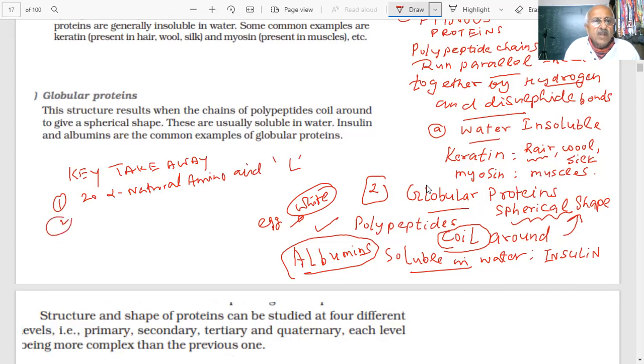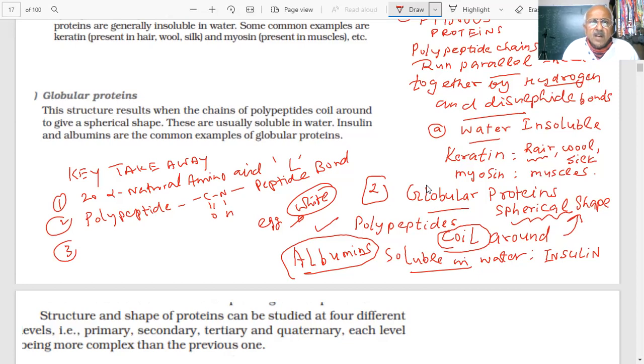And what type of linkage is there when they combine to form polypeptides? Peptide bond, called peptide linkage, student. Important question for the paper. And they will form proteins which we have discussed with you.